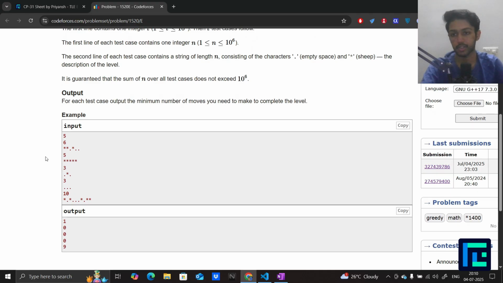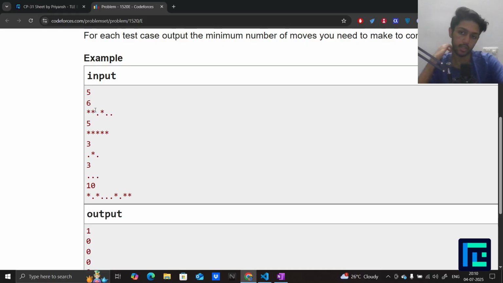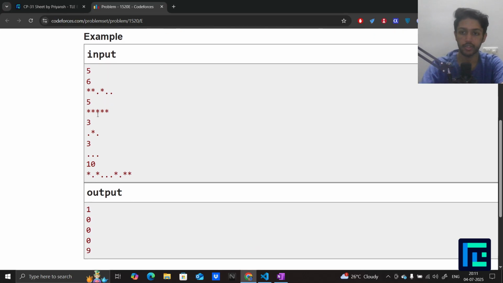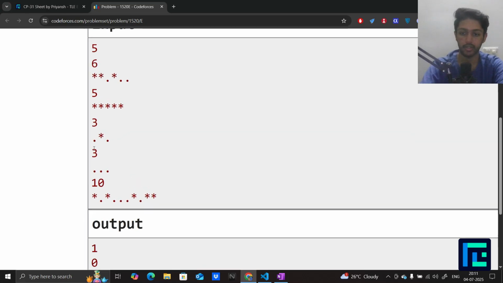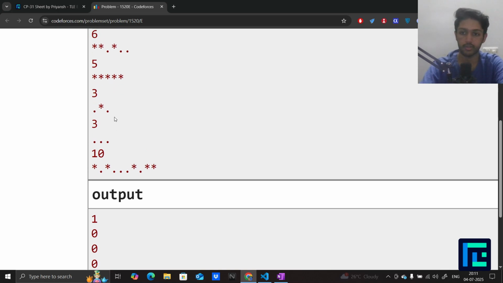And in the samples we have, here you can see that the star is sheep, so you can just move this one to the left one step, so the answer is 1. Then for this case all sheep are already lined up, so it is 0. Then this one only has one sheep, so it is lined up already, of course, so that is also 0.